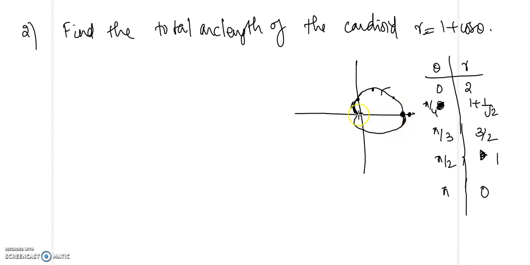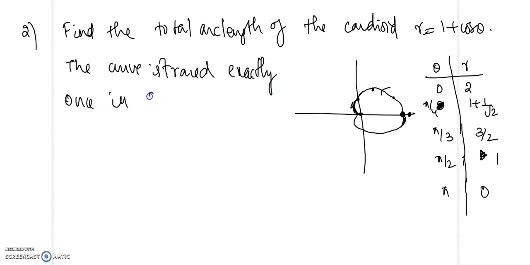So here we have the interval from 0 to pi covering up to here, then pi to 2 pi. So therefore the curve is traced exactly once in the interval 0 to 2 pi.